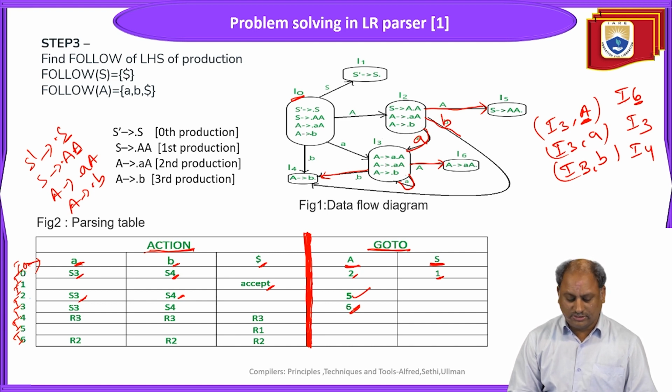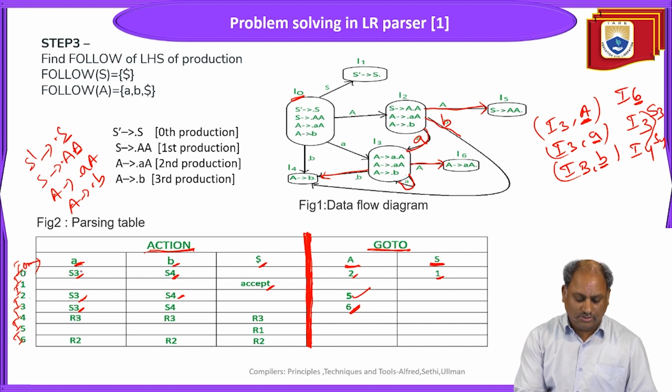And for the corresponding row in the action side for I3, we write S3 and S4. Below column a we write S3, and below b we write S4, because this terminal is a and this terminal is b.